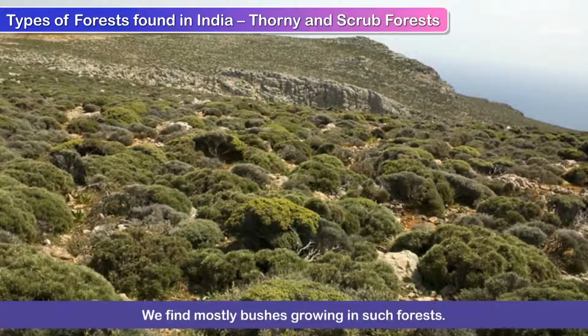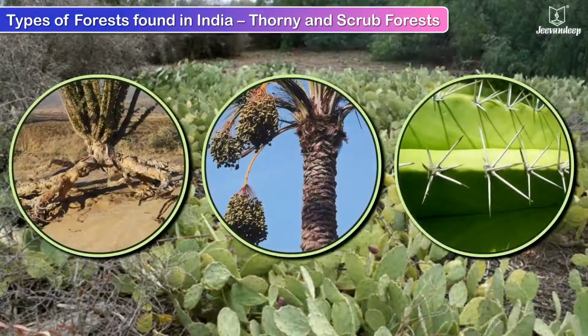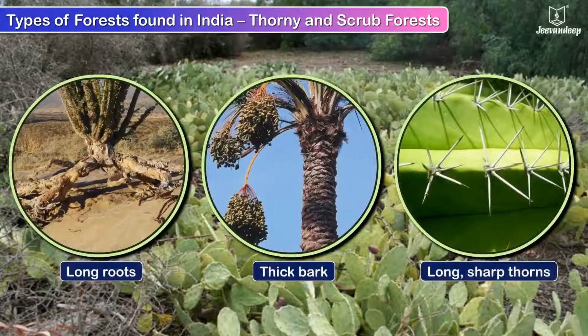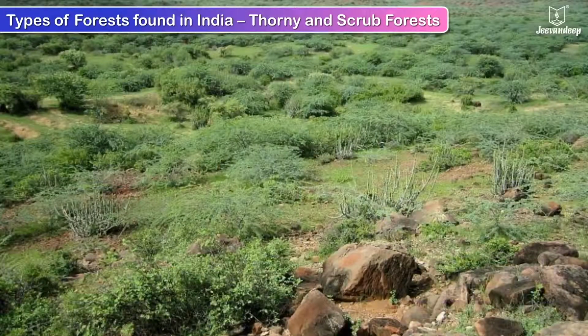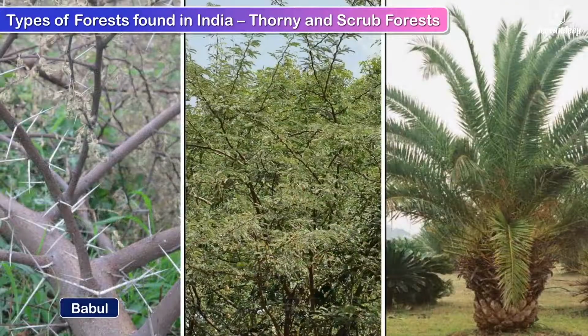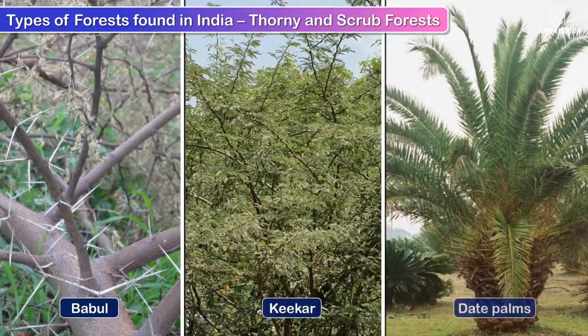We find mostly bushes growing in such forests. The trees have long roots, a thick bark, sharp and small thorns, and can survive on very little water for a long time. Thorny and scrub forests have mostly babool, kikar, and date palms.